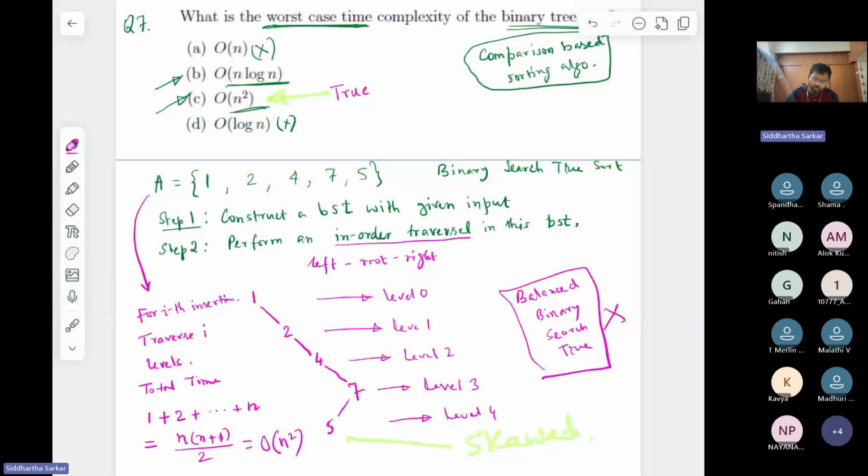After that, how much time does in order traversal take in a binary search tree? There is a binary search tree with n elements. Then how much time will this in order traversal take?